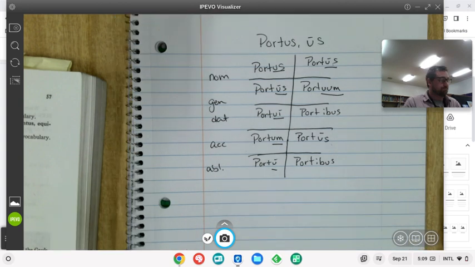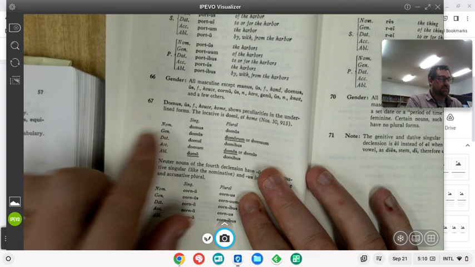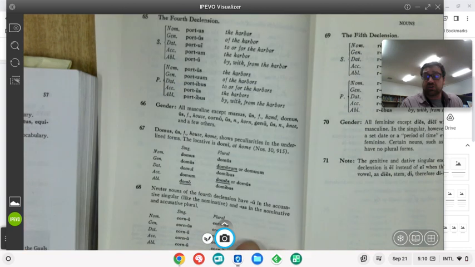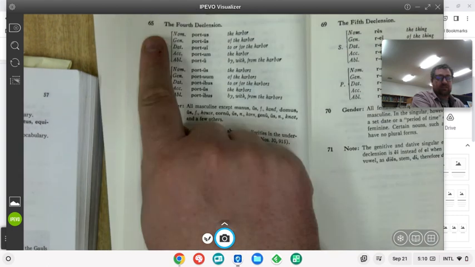Let's go back to our grammar, because anytime we start a new declension, it's also a good idea, I think, to talk about gender. So I want to point this out to you. What gender are words in the fourth declension? Well, let's look. Rule 65 gives us the endings.